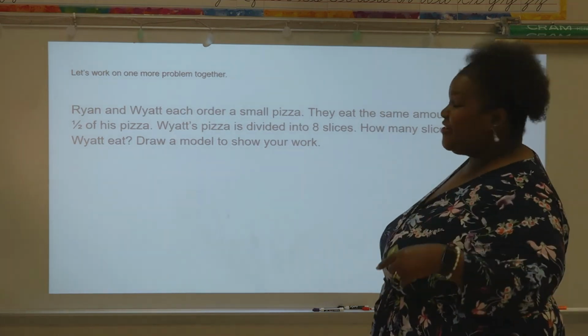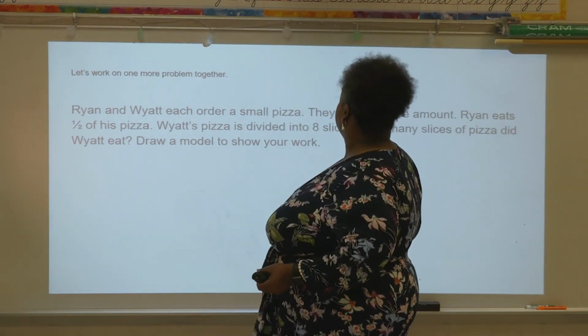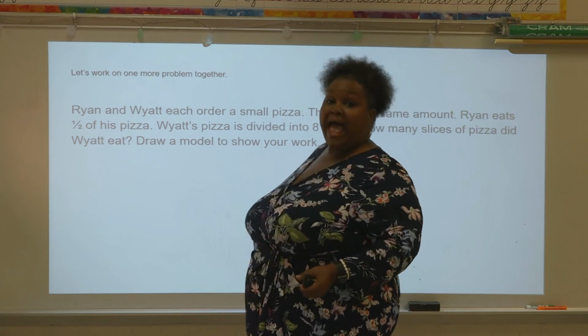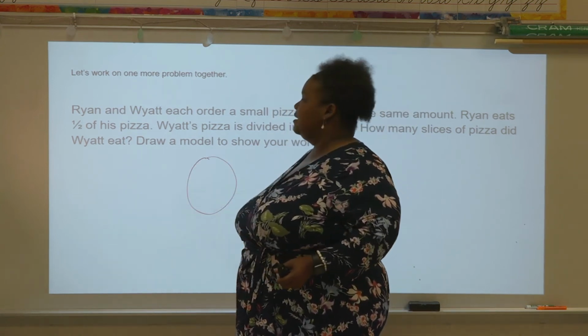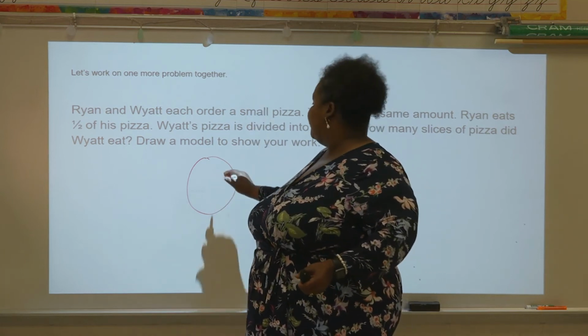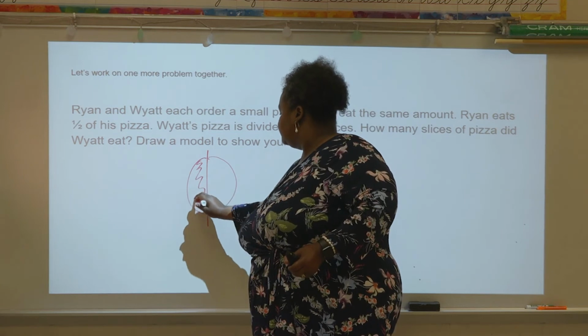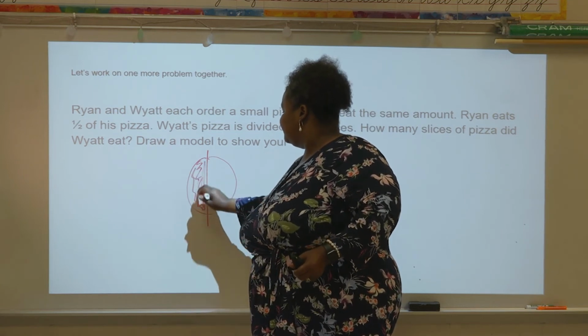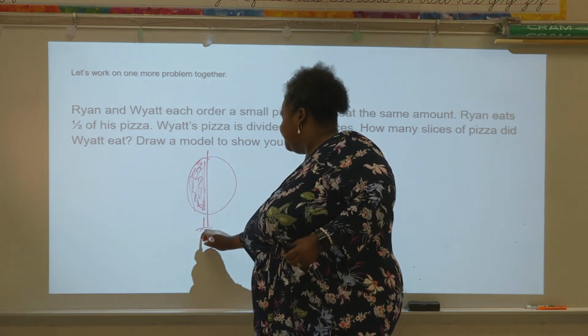All right, let's start checking it. So, Ryan eats 1/2 of his pizza. I would have drawn a circle for the pizza, and I would have cut it into 1/2. Okay, 1/2.